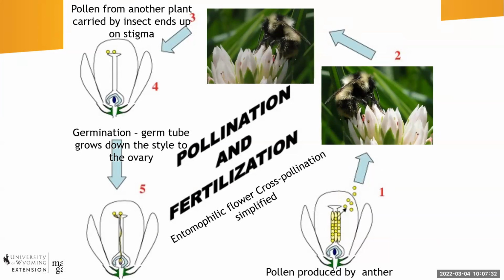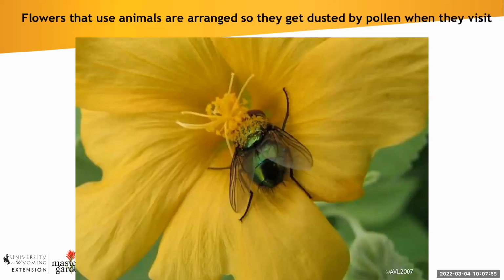There are some plants that require cross-pollination. They are not self-fertile, and then others are self-fertile, but they can actually benefit from insects visiting them. They'll set more seed if they do. The insect transfers pollen to the stigma, germination occurs, the germ tube goes down, and you get successful seed formation after that.